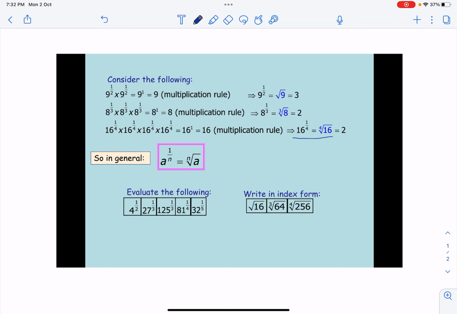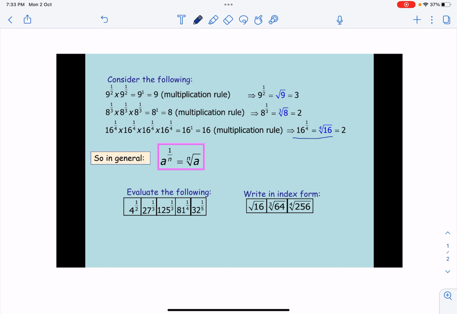Okay, so in general, if you have this kind of expression, a power fraction, the denominator n shows you the nth root of a number. So a power 1 over n equals nth root of a.